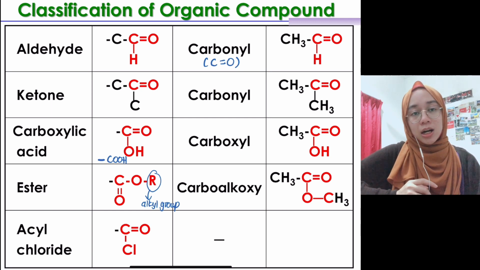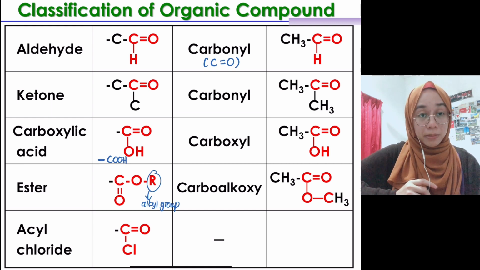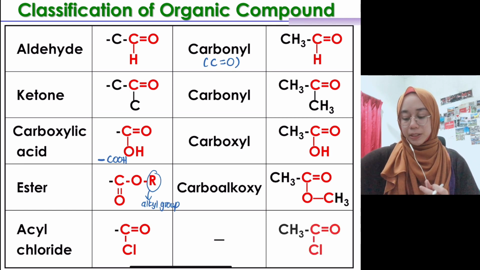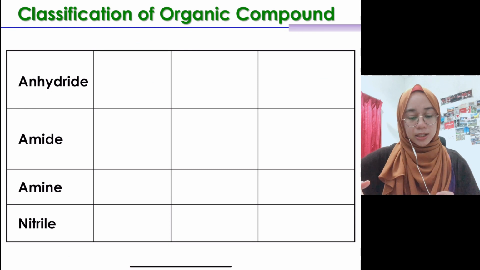But if you are asked to write down the functional group untuk acyl chloride ni, just write the name of the class of compound. Okay. So just write the acyl chloride. Ini adalah example dia. And then next one, kita ada anhydride.